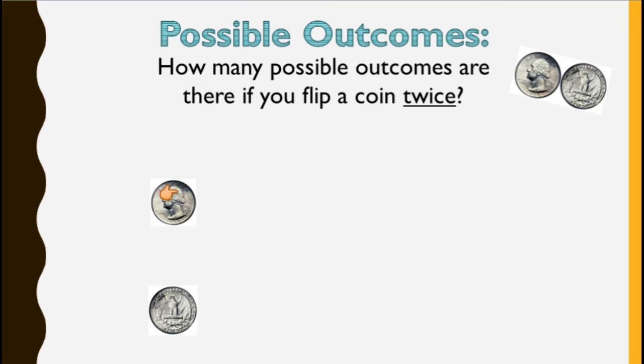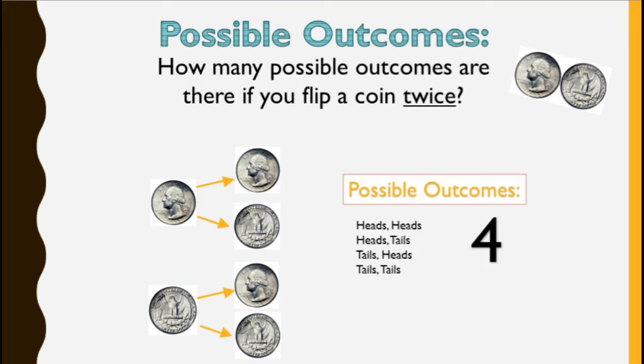Here's our first event. You have these 2 options. It could land on a head, and it could land on a tail. Now, if it landed on its head, and then we flipped it again, I still have the same outcomes. It could land on a head the second time, or it could land on a tail the second time. And then the same is true down below.